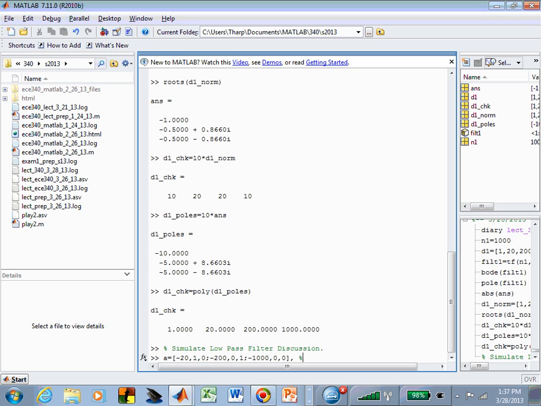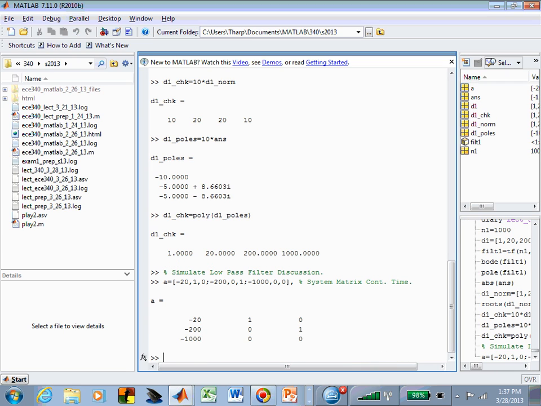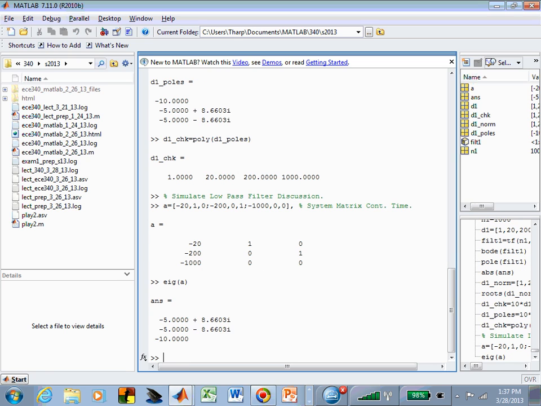That's our A matrix in continuous time. And it seems like people like to talk about the eigenvalues. So let's just do the eigenvalues. That'll make us feel good, right? We now find the eigenvalues. Those are the same as the poles of our system.